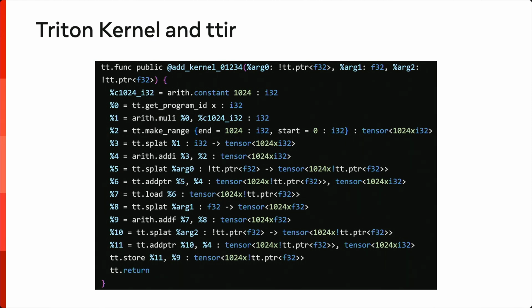tt.make_range corresponds to the earlier range that creates a per element offset. And what's interesting here is, even in the prior example, we're directly adding the per PID offset with this range. But here in %3, we're actually splatting %1, which again is the per PID offset.